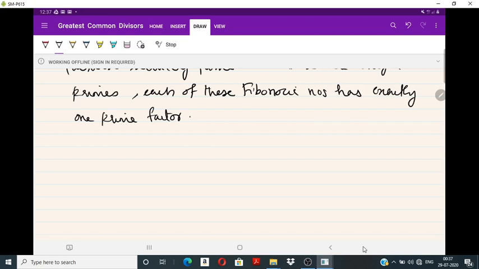That is, each is a prime. Exactly one prime factor means each Fibonacci number is a prime. But this is not true. This is a contradiction.